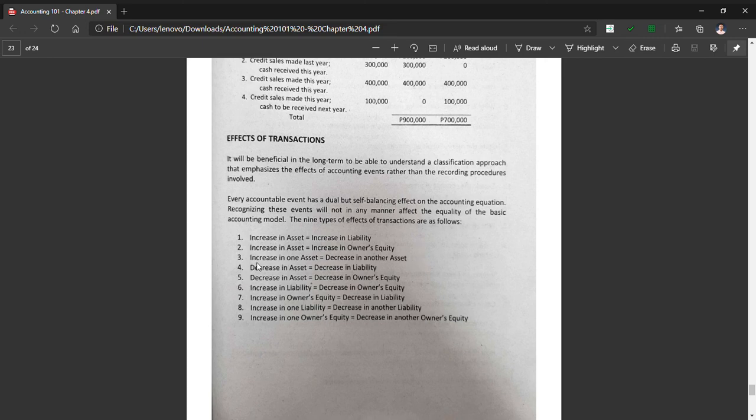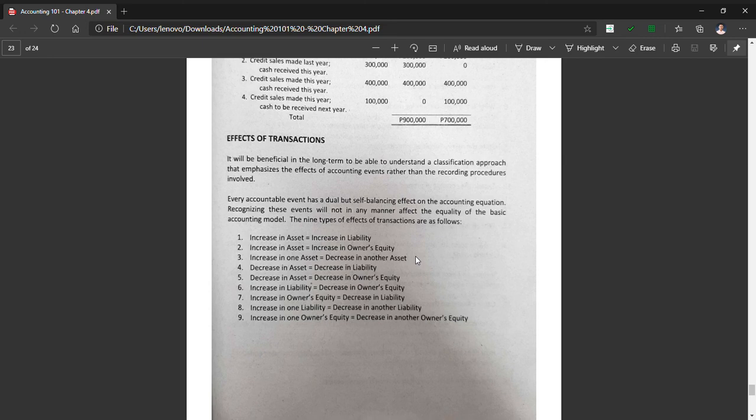Next naman, number three, increase in one asset is equal to the decrease in another asset. So, kapag nag-increase ang left side or the asset, pwedeng mabalance by decreasing the left side as well. So, bale walang effect in the total asset, right? So, an example is bumili tayo ng asset. So, bumili tayo ng, say, equipment.